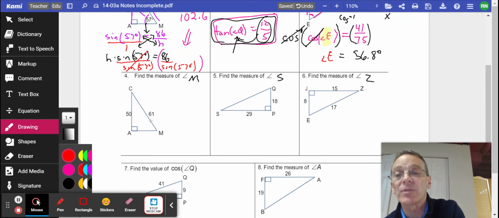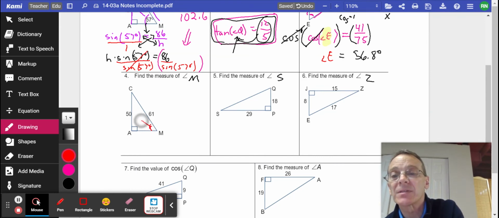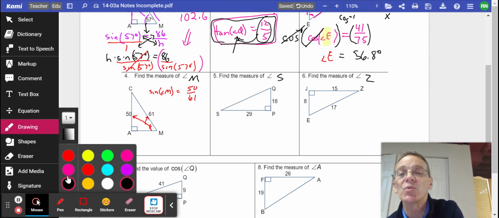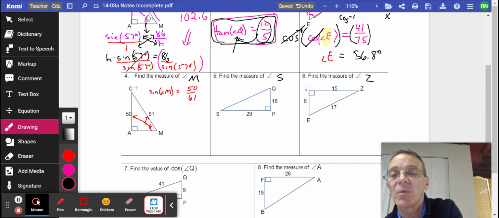All right, so if we're trying to find angle M, this is the opposite, this is the hypotenuse, so we need a sine equation. Sine of angle M equals 50 over 61. How do we undo that sine function? With a sine inverse, which you write over on the left and put parentheses around that whole thing.